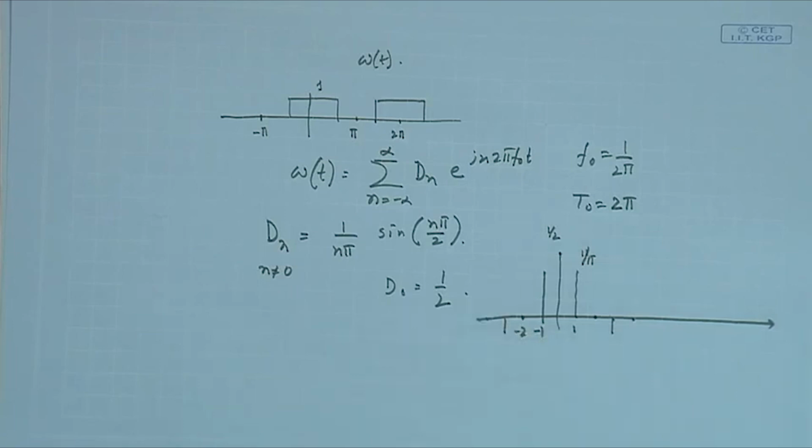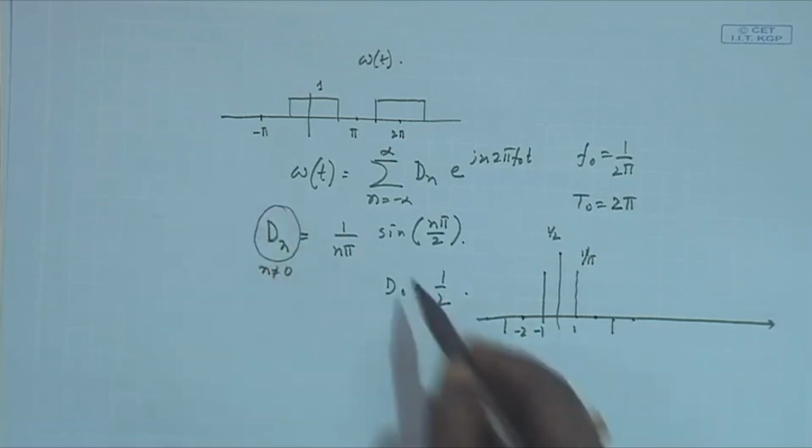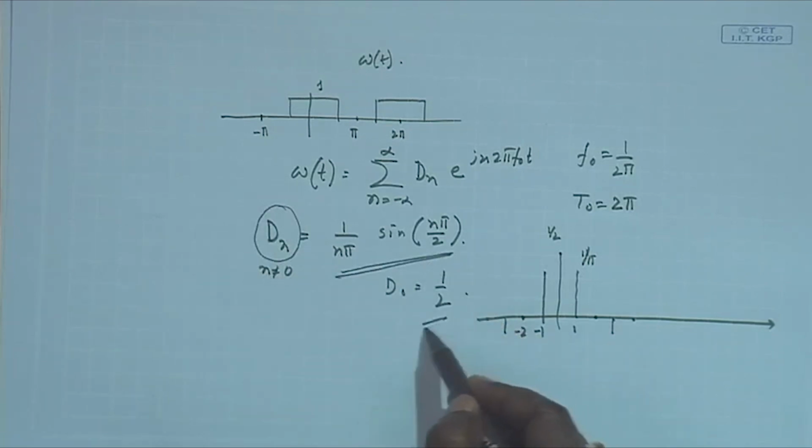If you see carefully, our d_n term is now a real number. All d_n, including d_0, are real numbers. Initially we said that d_n can be a complex number, and the amplitude of that is plotted in the amplitude spectrum and the phase of that is plotted in the phase spectrum.